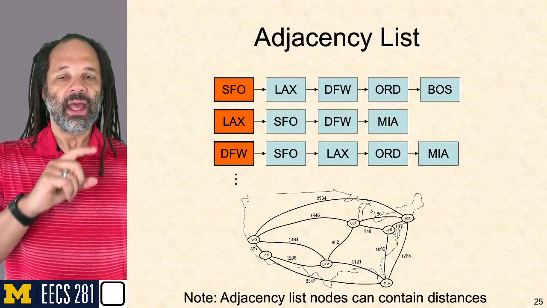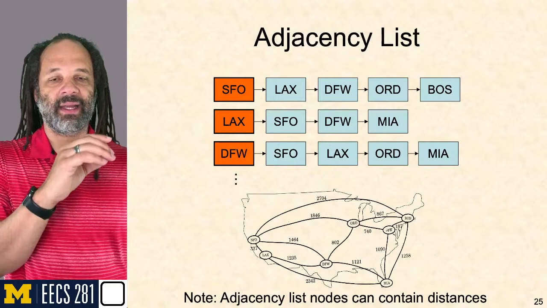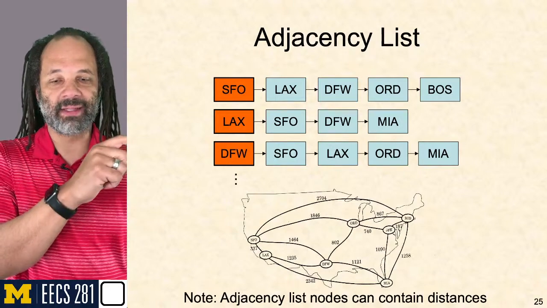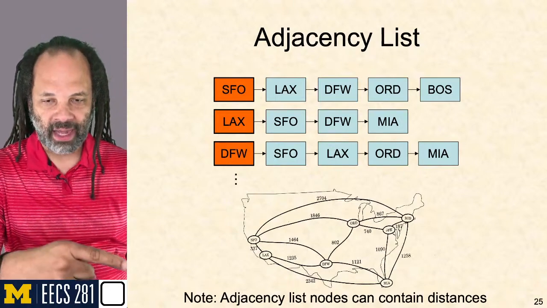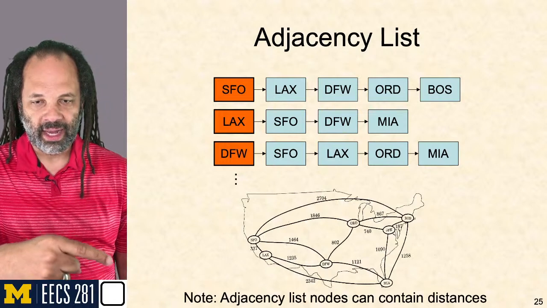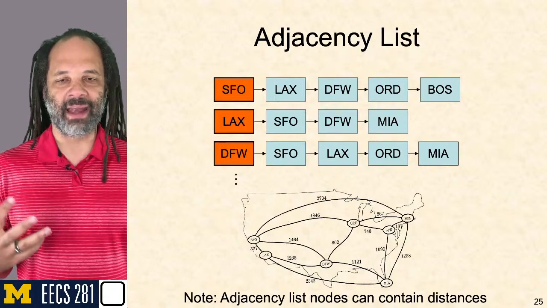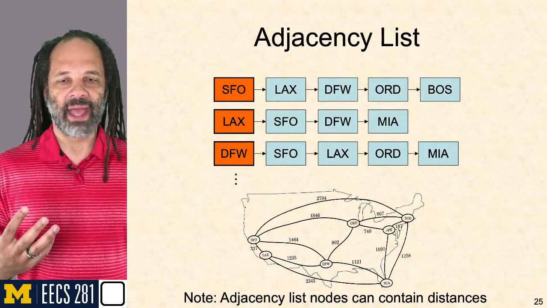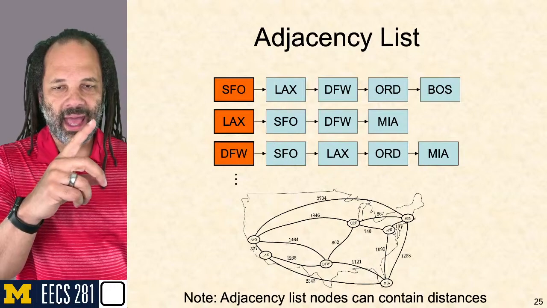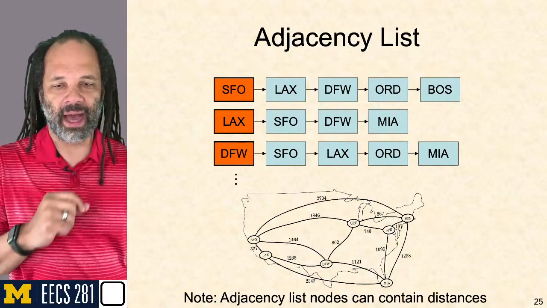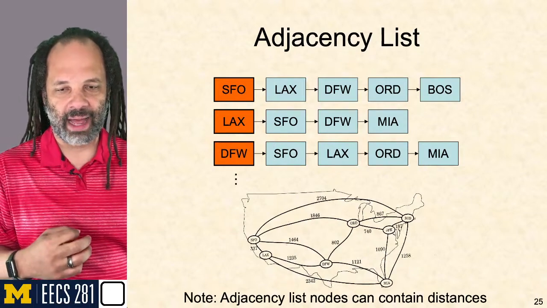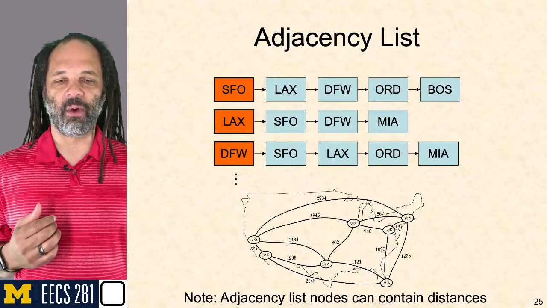And so you would see here in the first blue box there, the SFO that points to LAX. If I went to the map down there and saw what's the distance between SFO and LAX, it's 337. I could put 337 in that blue LAX box. And then what would go in the SFO to DFW box, in that second blue box on the top row? I would put that 1464 from the map.